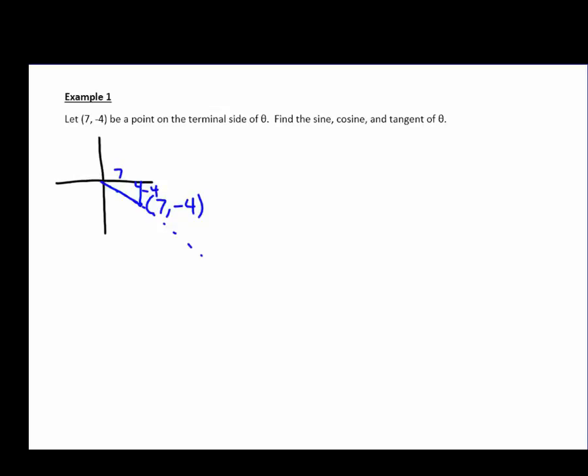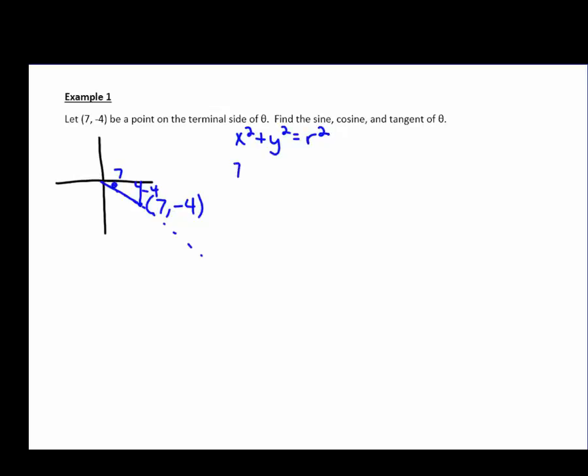Okay, so we want to find the sine, cosine, and tangent. In order to find the sine, we need the opposite side and the hypotenuse. We don't know the hypotenuse yet, so let's find that. x squared plus y squared is equal to r squared, which is the radius if we're looking at the unit circle.